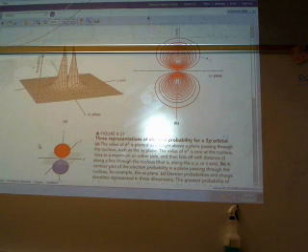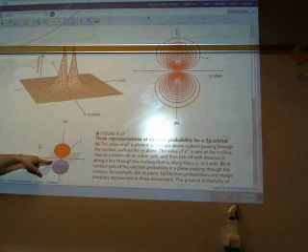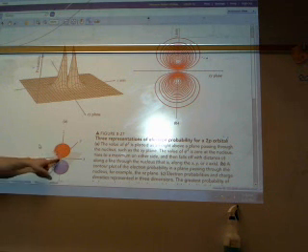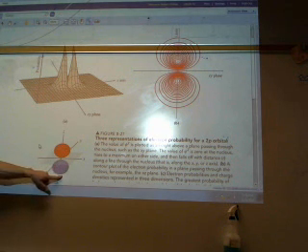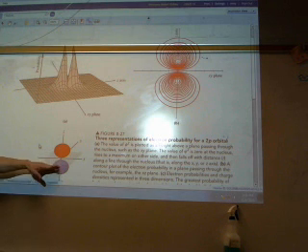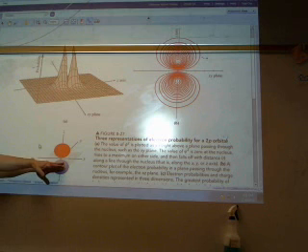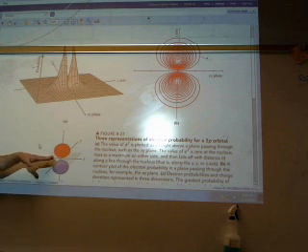What orbital is that? This is a p orbital because it's got the two lobes like this. And this would be a 2p, 3p, 4p? 2p, because there's just one. So this is the 2p orbital.